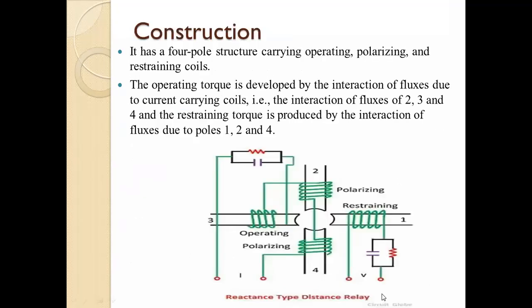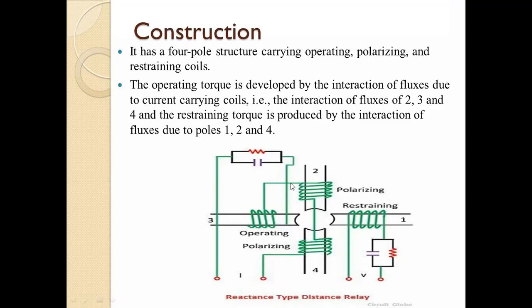Here you will understand. Actually, this is an electromechanical relay. We have already seen it is a cup type of structure, the induction cup structure we saw when we studied the different induction type relays. In that cup structure we saw there are 4 poles.